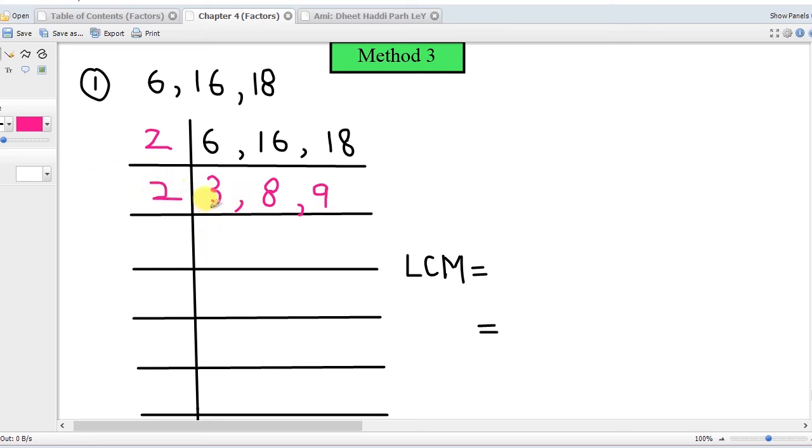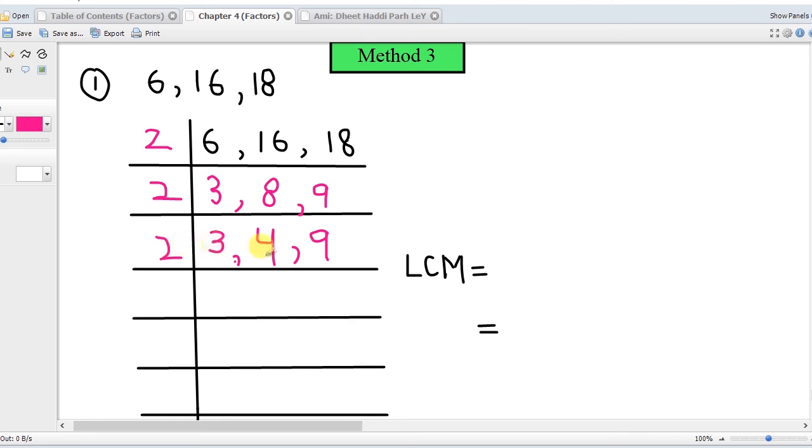Yes. So 3 does not come in the times table of 2, so we just write 3 as it is. The next is 8. So 2 times what number is 8? 4. And 2 times what number is 9?